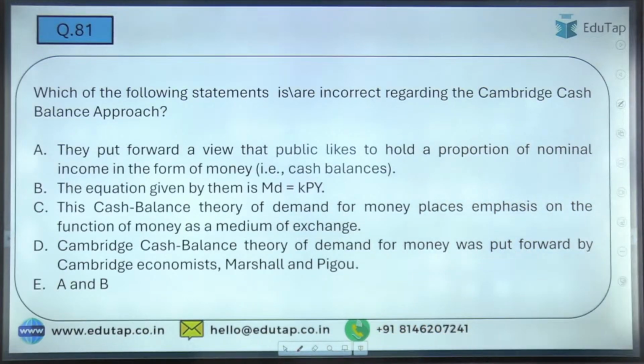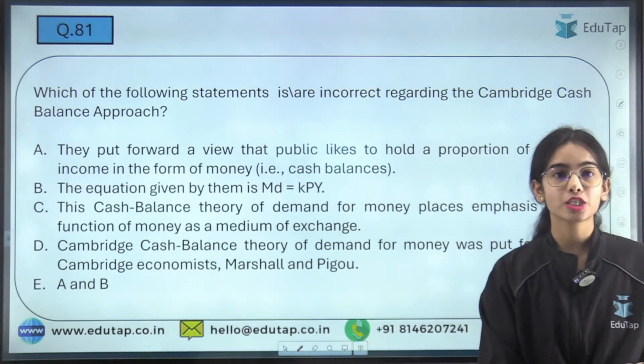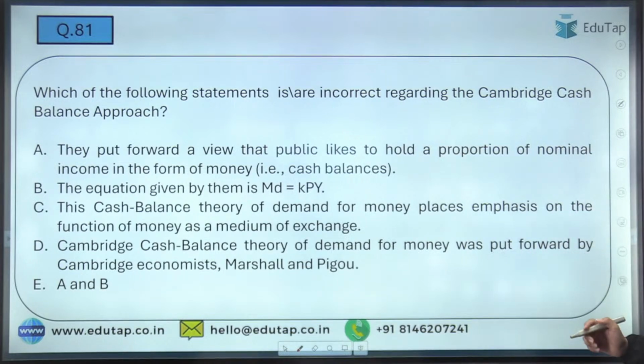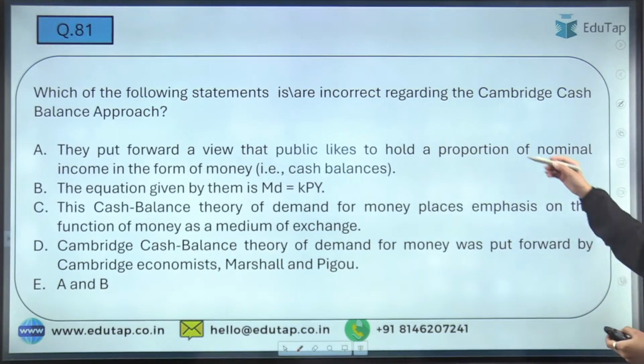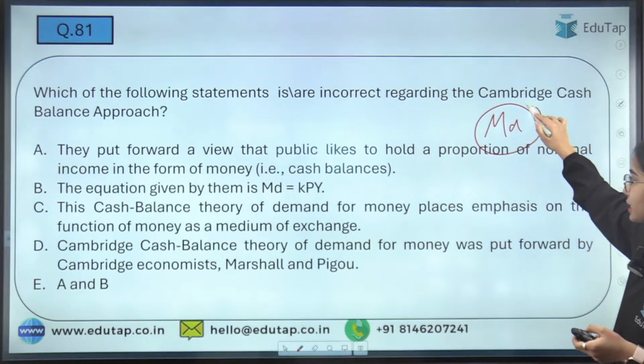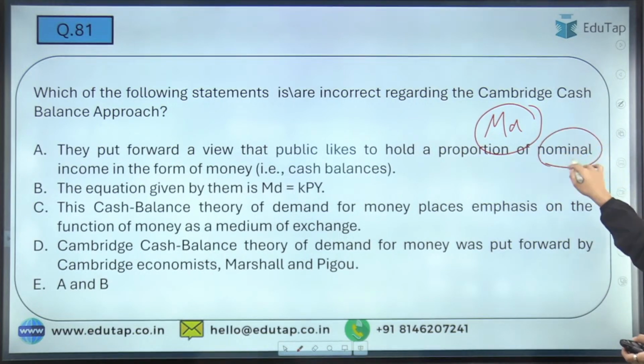Try to read the question now and try to answer this. Here, as per the Cambridge cash balance approach, they put forward a view that the public likes to hold demand for money in proportion to nominal income.